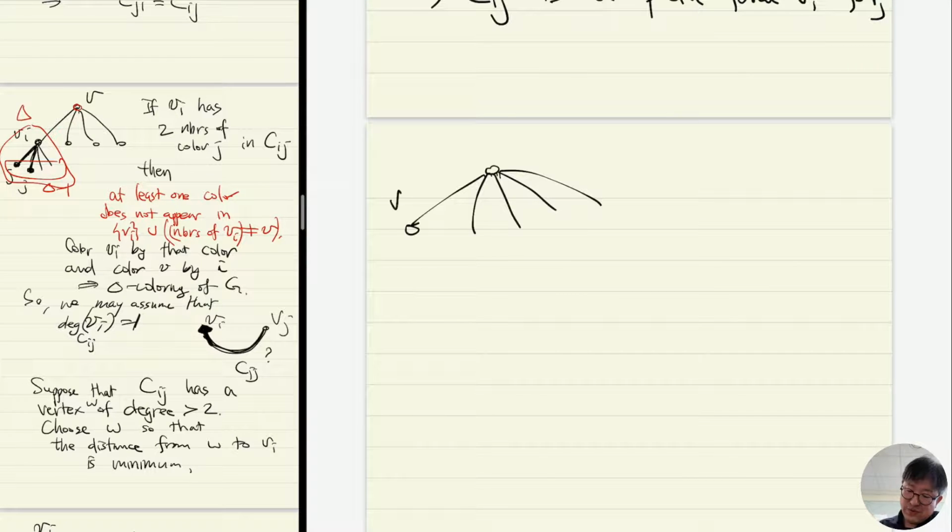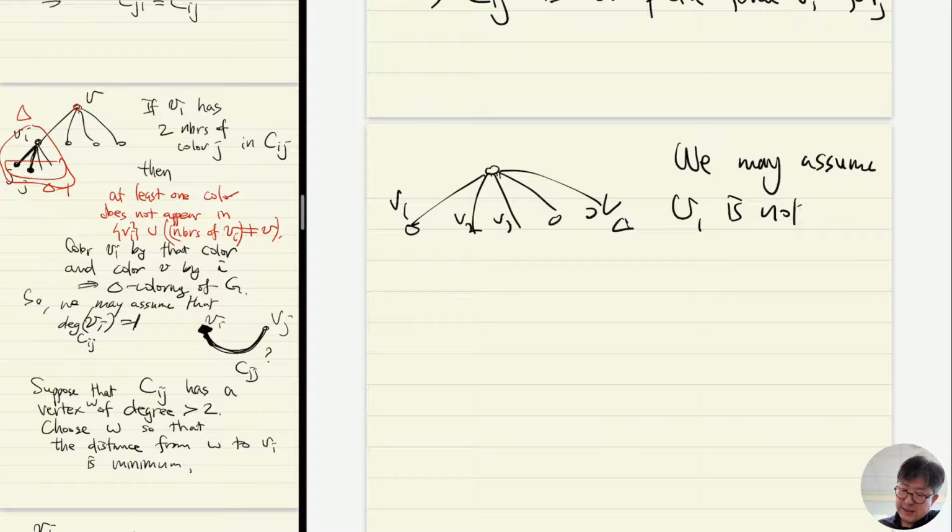So we have V1, V2, V3, and V delta, and we may assume V1 is not adjacent to V2. Why?